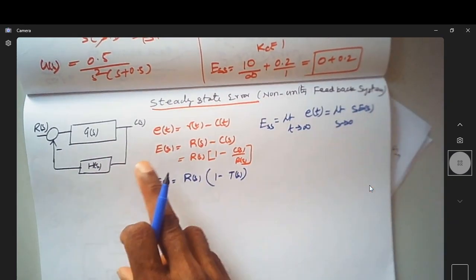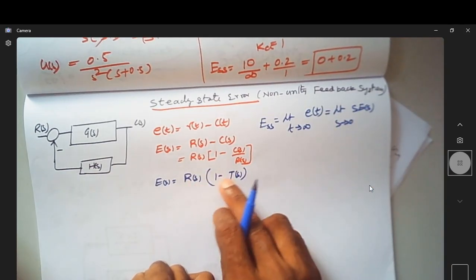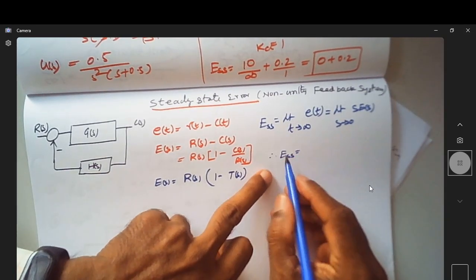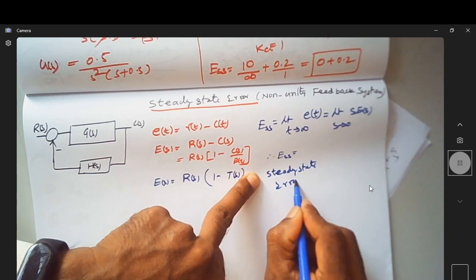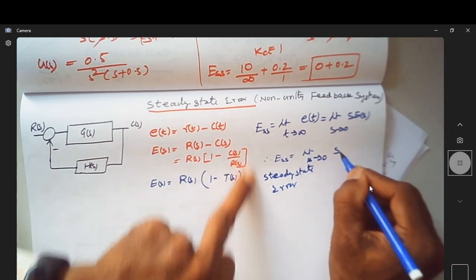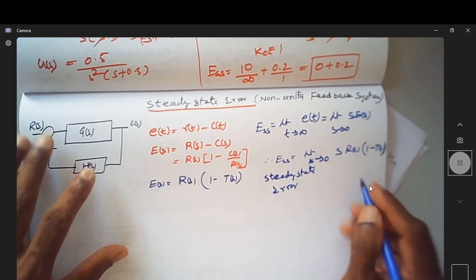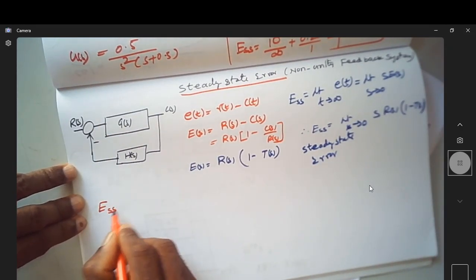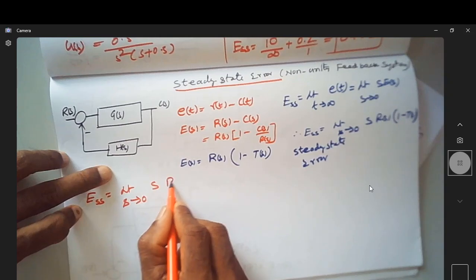Since I know E(s) for a non-unity feedback system, I can write R(s) into 1 minus the transfer function. So the steady state error e_ss is the limit of s tending to 0 of s into R(s) multiplied by 1 minus the transfer function, where R(s) is whatever input you are considering.